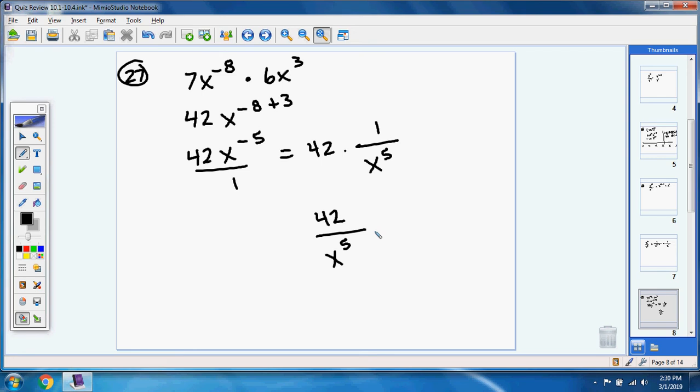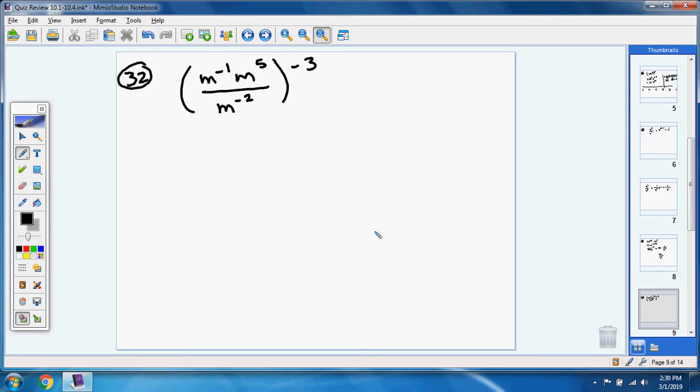All right, the next one's going to get a little bit more complicated for number 32. I really selected this one to help you out. So what I would suggest on this one, there's a few ways to do it, but if you want to just keep consistent with what you've already done, each item gets the exponent. So that means I have m to the -1st power multiplying by the -3rd power.